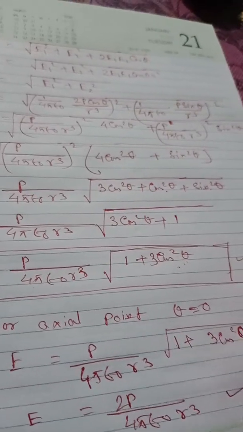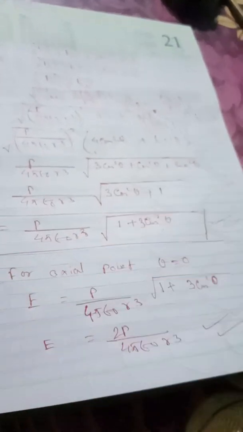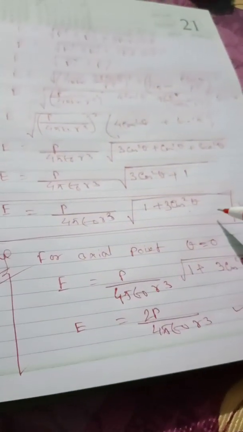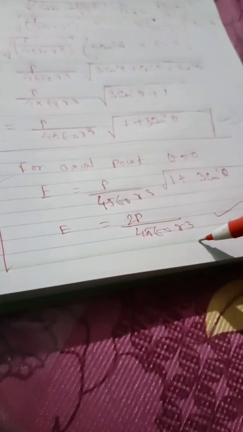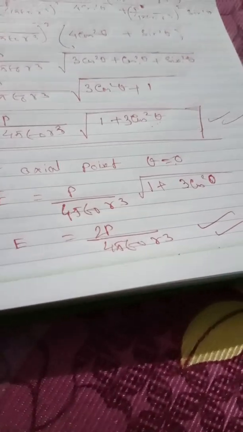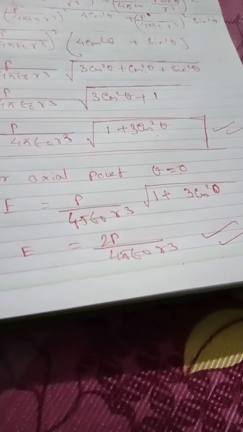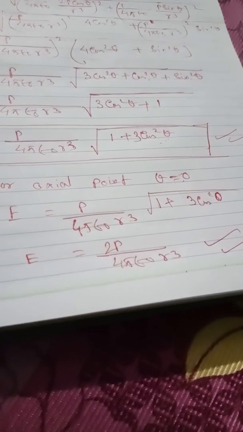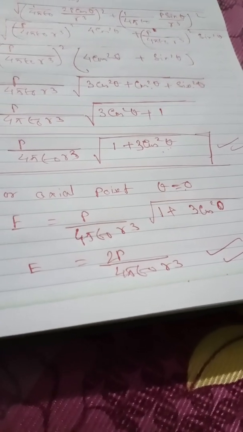This is the main formula, and here we gave one example: you can come back from this equation to the axial point by putting theta equal to 0, and if you put theta equal to 90 degree, then you come to the equatorial point.